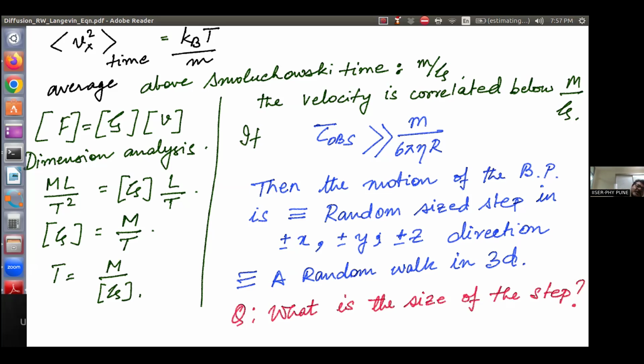If you go to even smaller times, even the noise will be correlated, because if you're looking at 10 to the minus 10 or 10 to the minus 11 seconds, it is going to have a memory that it got so many momentum transfers from, I don't know, half a billion fluid particles.